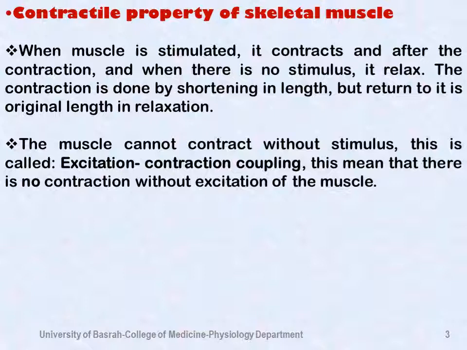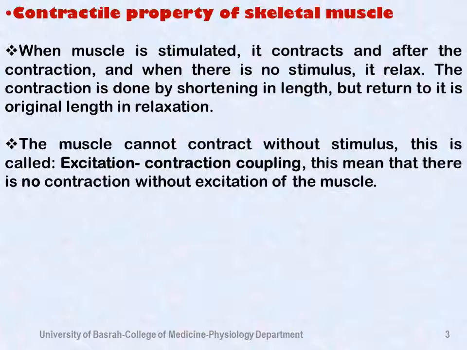The contractile property of skeletal muscle. When the muscle is stimulated, it contracts, and when there is no stimulus, it will go to relax. The contraction is done by the shortening in the length but returns to its original length in relaxation.